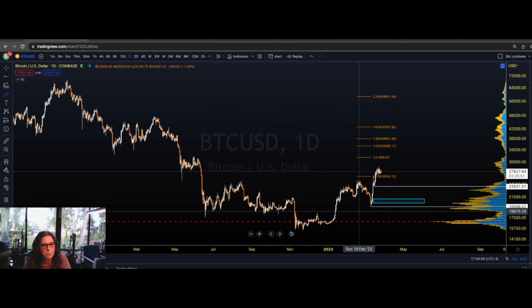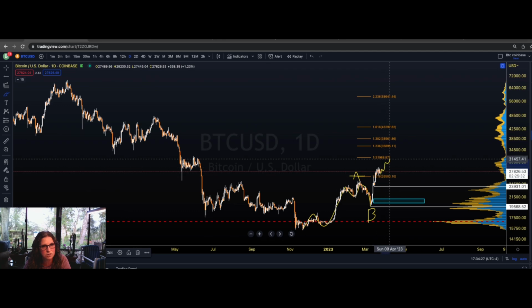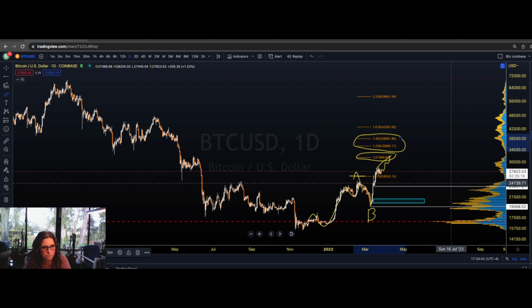All right, so let's talk about one more option that I don't think many people are talking about. And that is that this 5-wave move was an A wave, that the pullback was a B wave. And this current wave to the upside is actually putting in a C wave that could have an additional hit to the high that will create divergence between these two pivots, coming into the 1-to-1 or potentially even higher into the 1.236, 1.382.